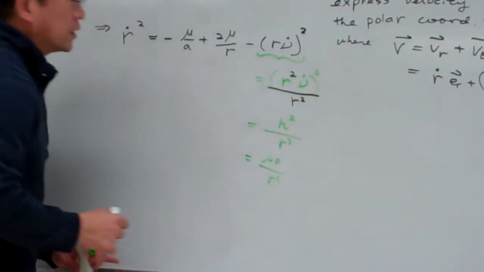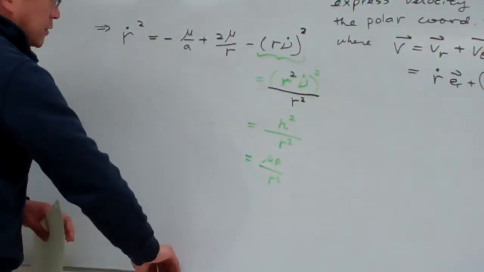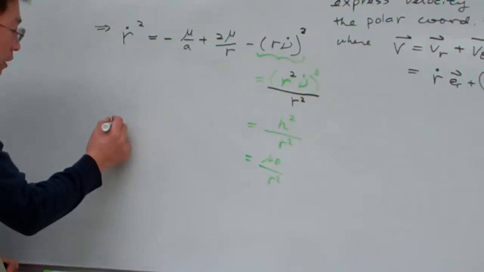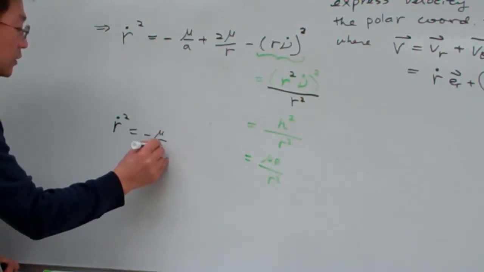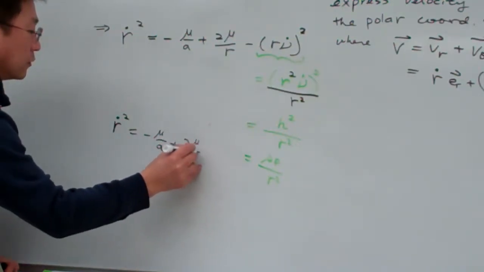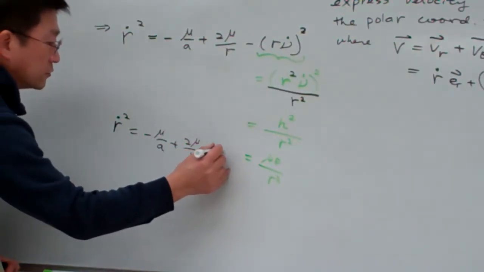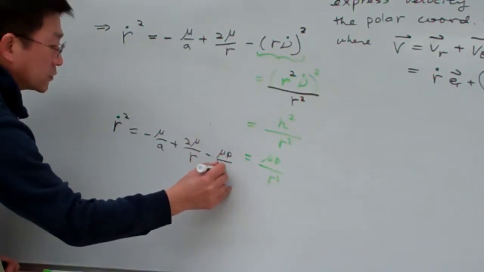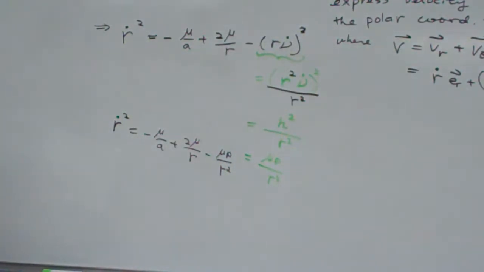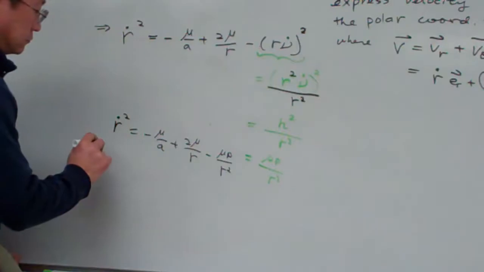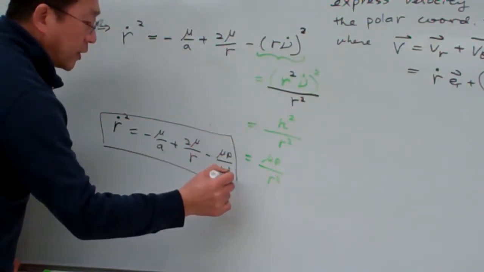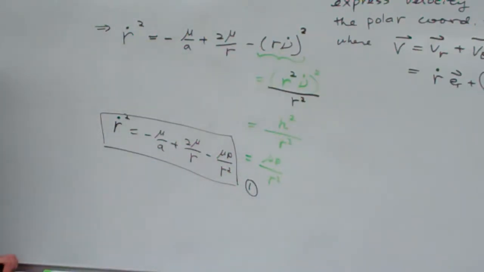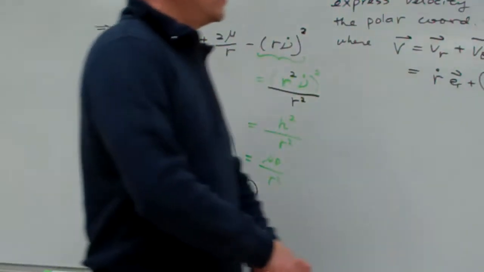So therefore r dot squared equals minus mu over a plus 2 mu over r minus mu p over r squared. This is not that useful yet, but let me box it as equation 1. We're going to use it later.